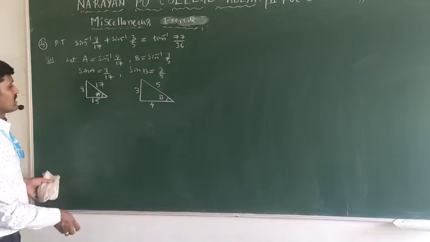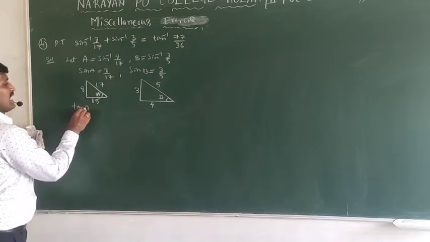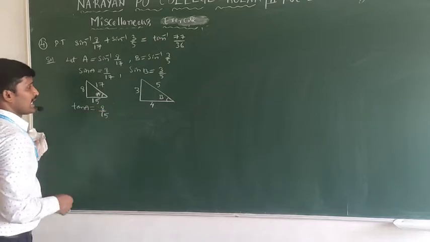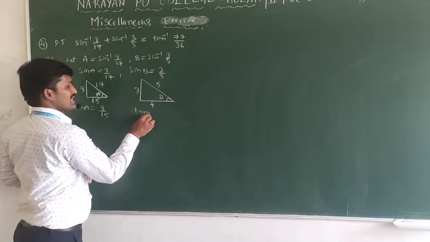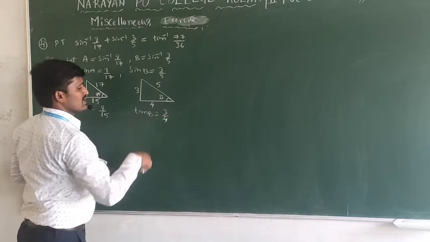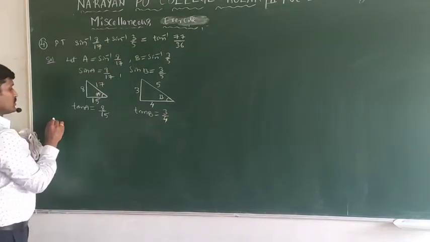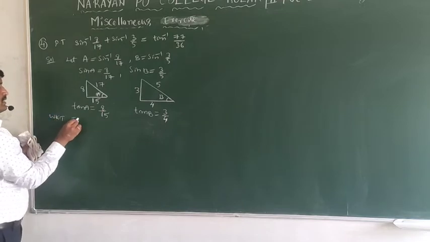So find out tan A first. Tan A means opposite by adjacent, 8 by 15. Next tan B, 3 by 4. Here for A plus B, we need to use the formula.